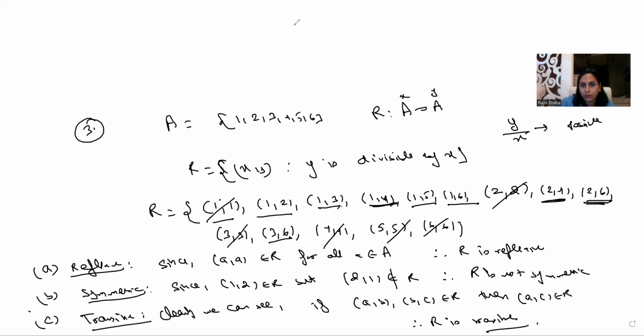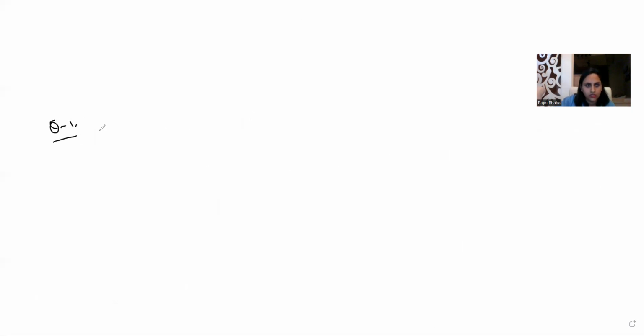Now we'll move to the fourth part. Question number 1. Relation R is defined on Z. Z means integers.